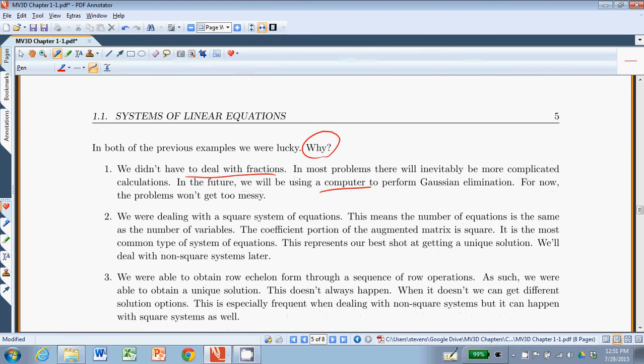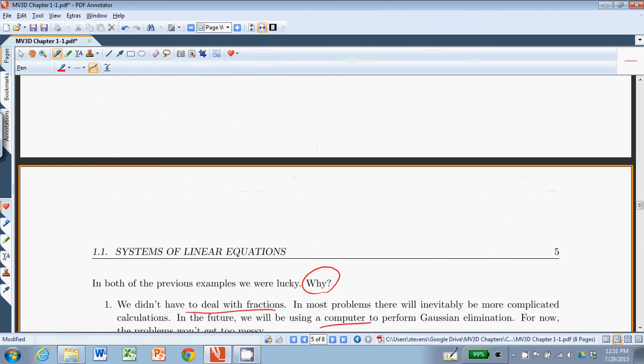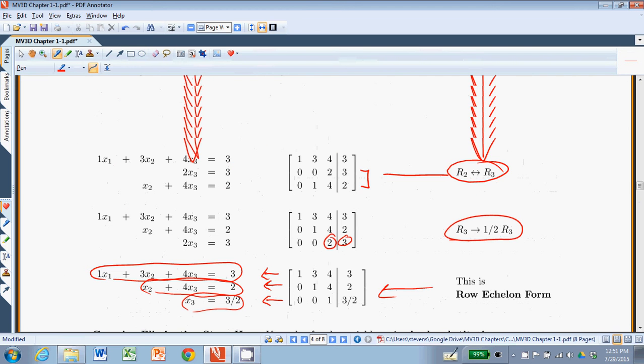Okay. The other reason we got lucky is we were dealing with a square system of equations. What that means is that the number of equations is the same as the number of variables. So if we go back here, I'm going to scroll way up so don't get dizzy.